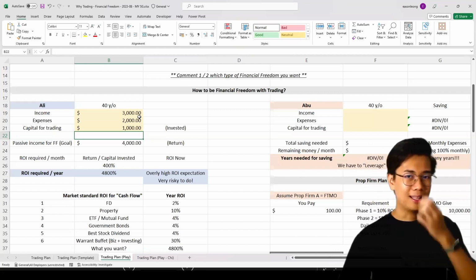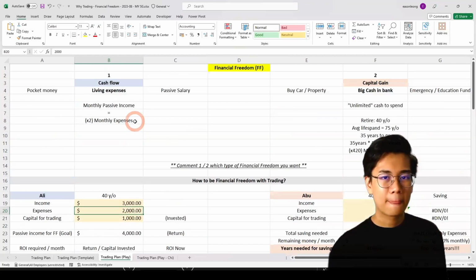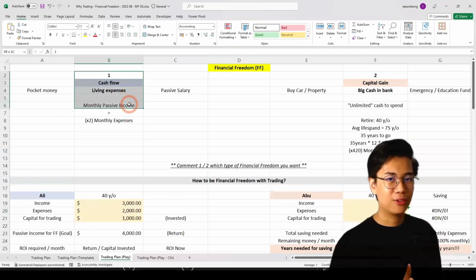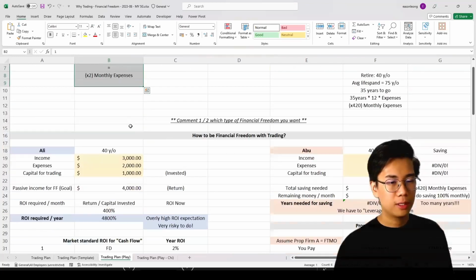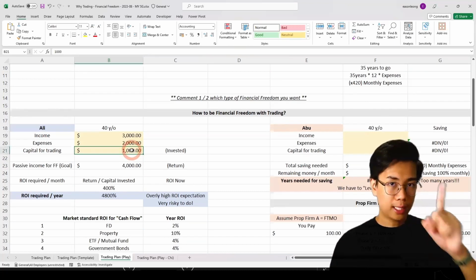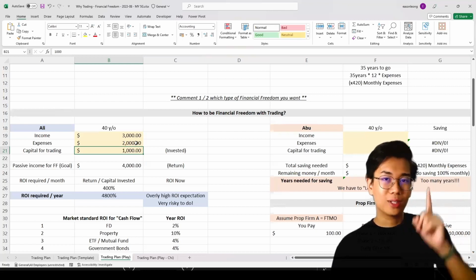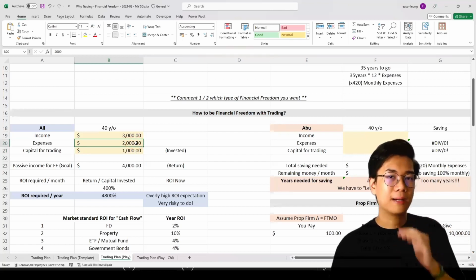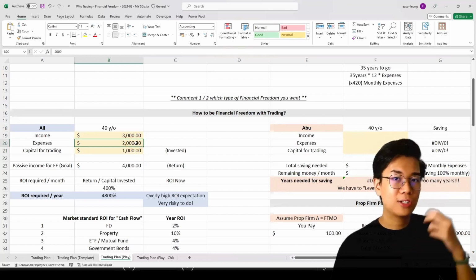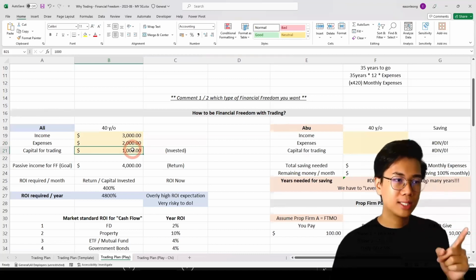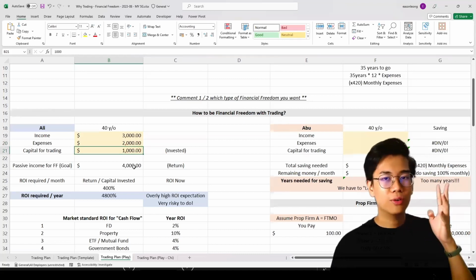Okay? And your expenses are 2,000. So meaning that in order for you to be financially free, you use 1,000 to trade for 2,000. That is just enough. But to be financially free, you trade 1,000 into 4,000.